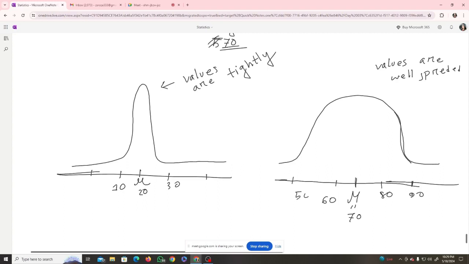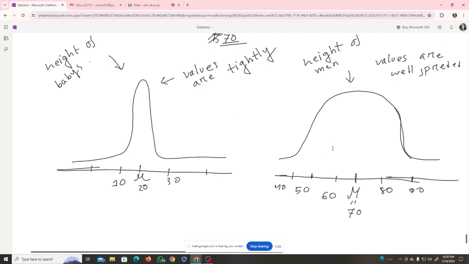In this case we are talking about the height of men in general, and in this case we're talking about the height of newborn babies, or just say kids.